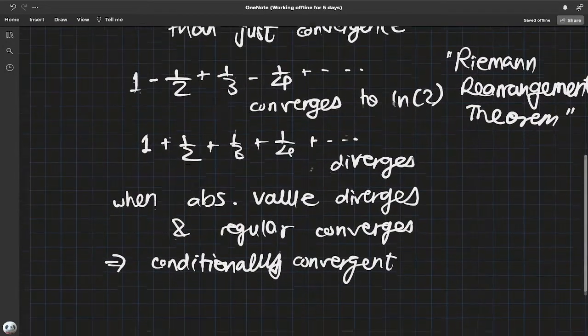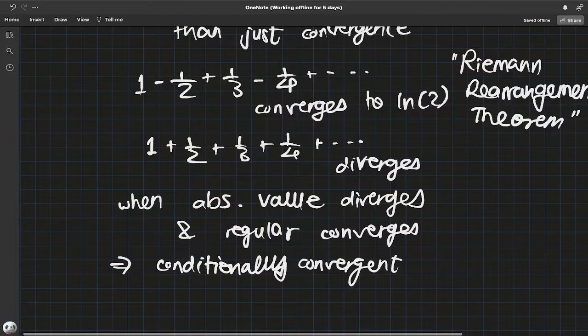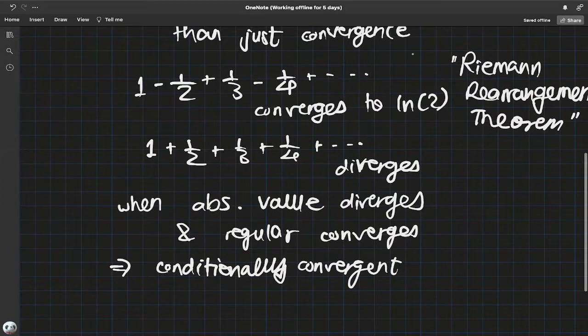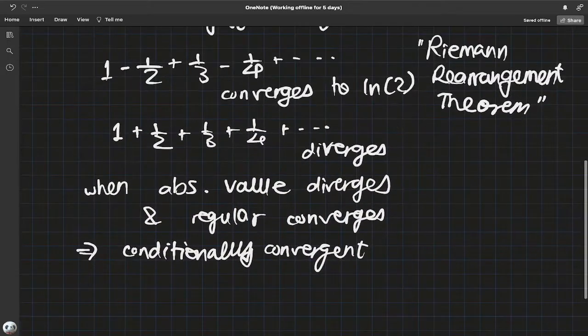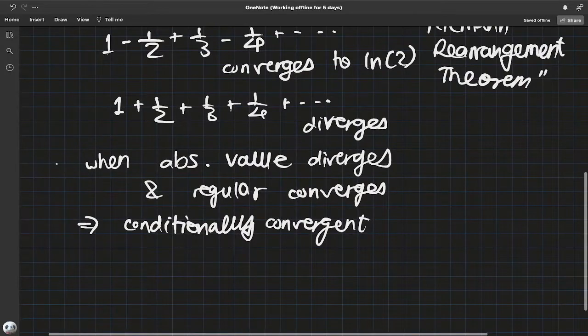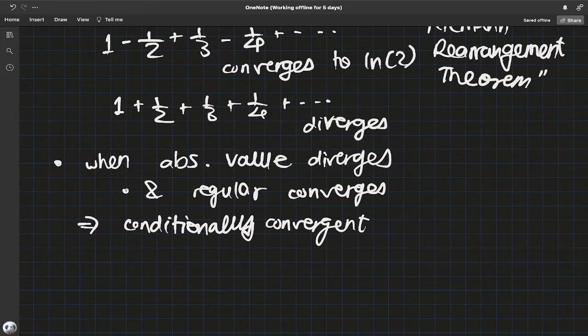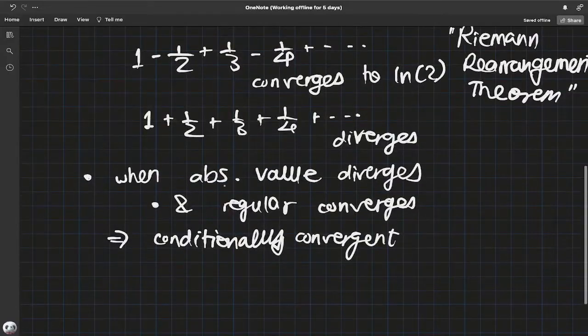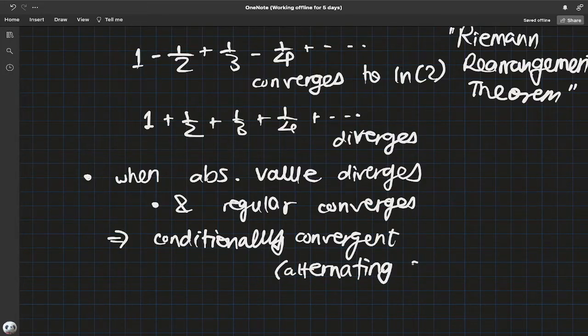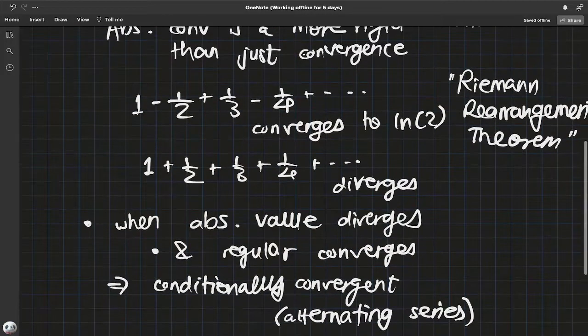So if you just rearrange the series in a certain way, you can make this converge to 5, 3, pi, any number. And Riemann said that this is true when these conditions are valid, and I think this is true for alternating series. So this is just a piece of information which might be useful to you.